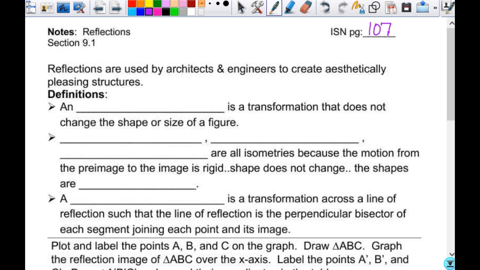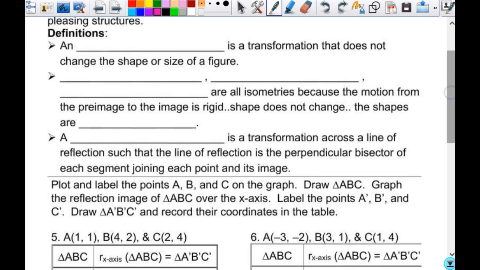So let's start with some definitions. This first definition is of a word that I'm quite sure you haven't heard before, but this classifies a transformation that does not change the shape or size of a figure. So if I list them out again, reflections, translations, rotations, dilations, which one of those four does not fit in this category?